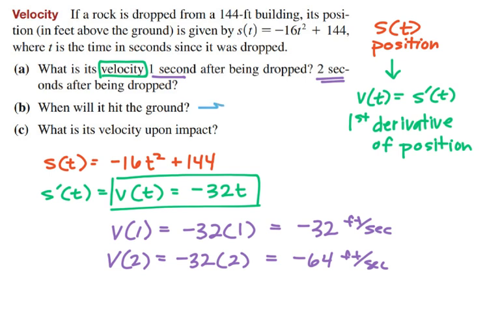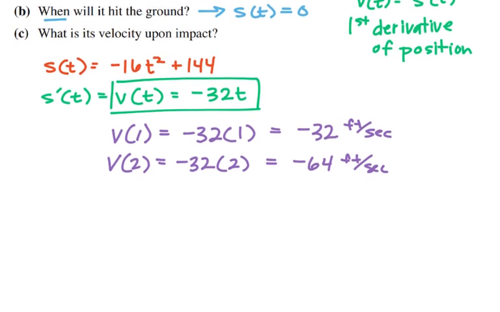So when will it hit the ground? That means determine the time when the position is equal to 0. So S of t equal to 0. Once we know the time at which it hits the ground, then we can determine the velocity at that time.